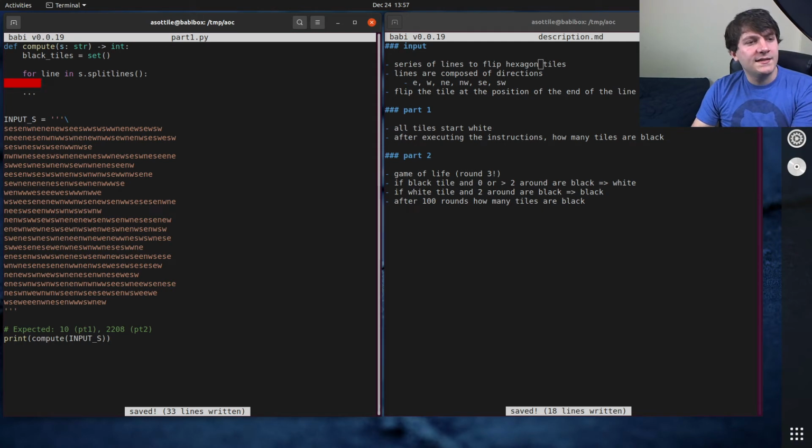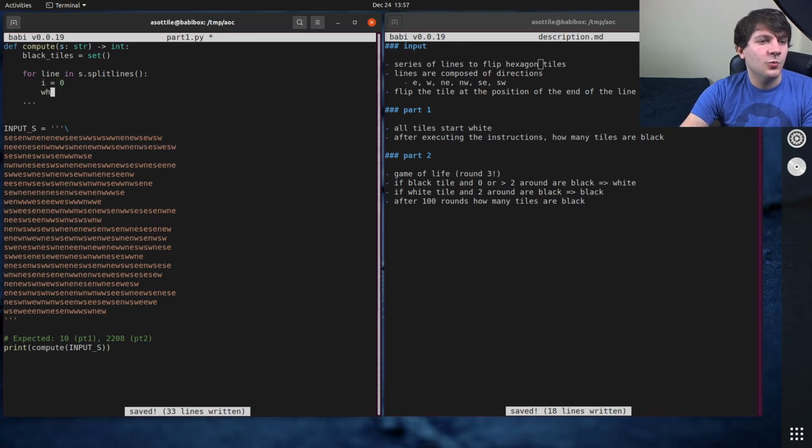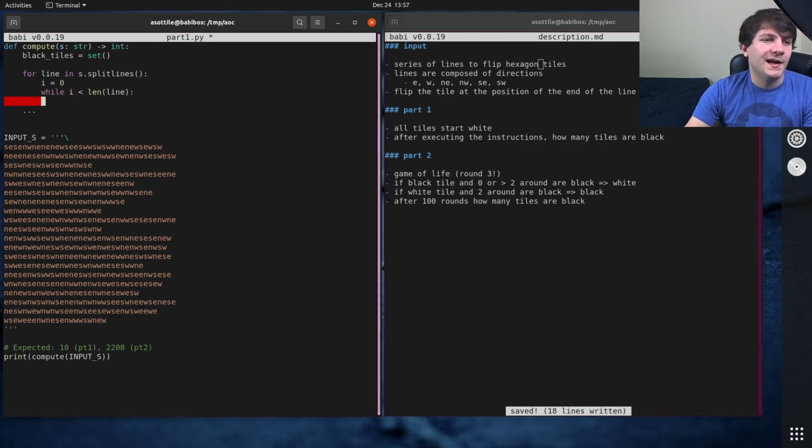For line in s.split(), so then we need to process this line. The way I process this line is I said that i equals 0, and then while i is less than the length of the line, I'm going to loop over the positions in the line. And then I need to check each of the directions. I just did this manually.